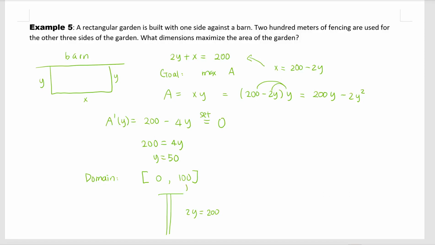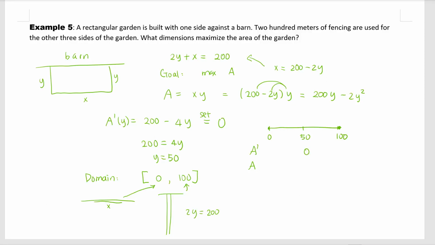Okay, so let me use this picture, see whether you can understand. That's why we draw a diagram. We have 0 here, and we have 100 here, and 50 is in between. We want to do A prime and A. We know y is 50, and that is the critical point. So A prime is 0 here.